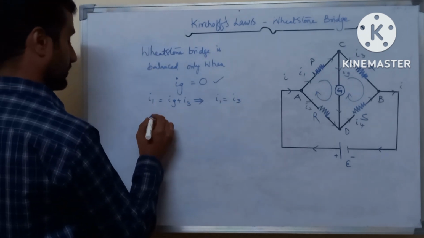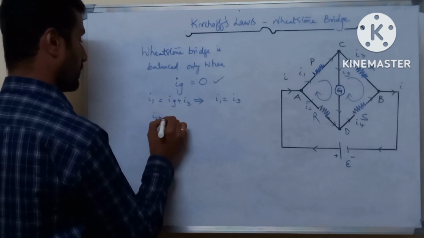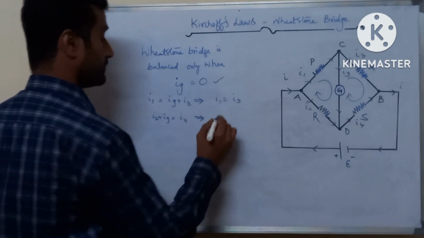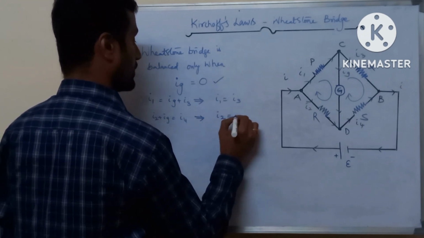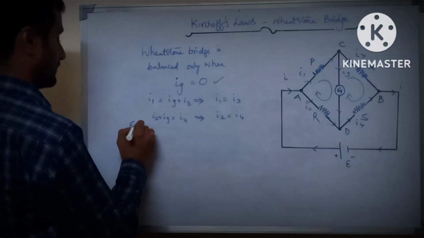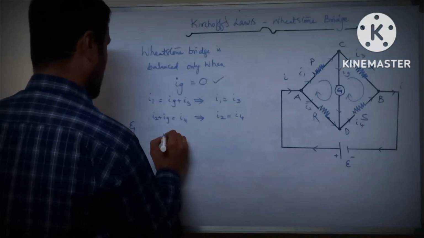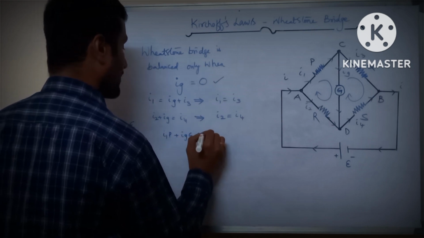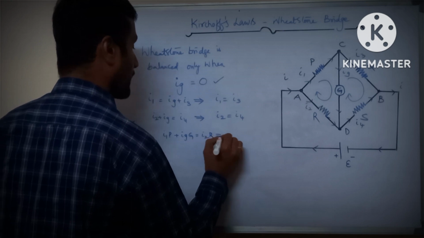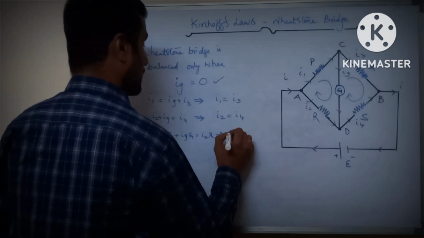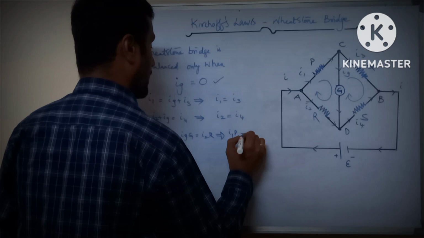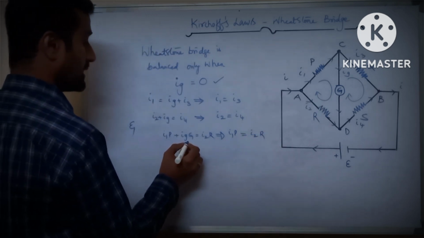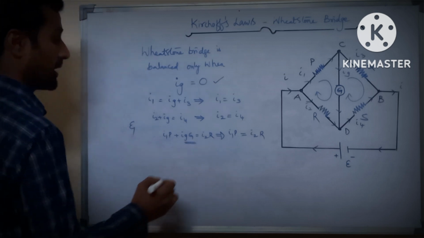Similarly, I2 plus Ig is equal to I4 implies I2 is equal to I4, and I1P plus IgG is equal to I2R implies I1P is equal to I2R, because as Ig is equal to 0, Ig into G becomes 0.